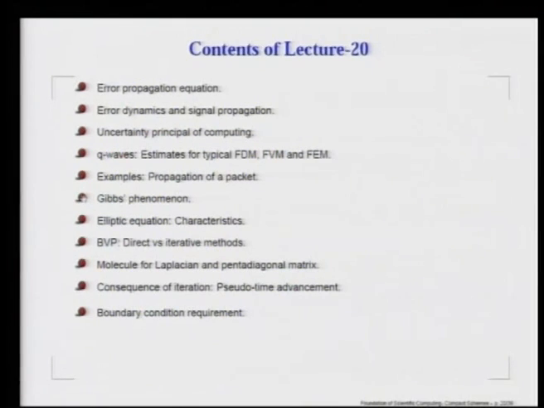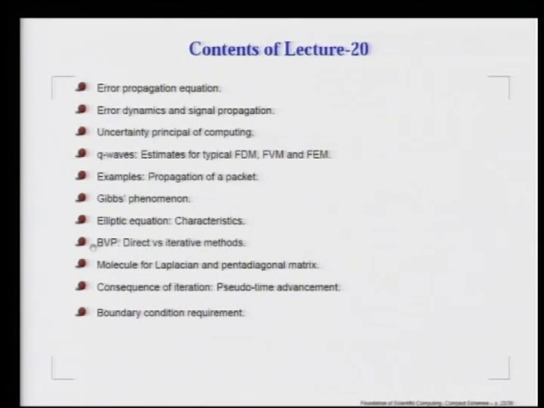Having completed our discussion to some extent on parabolic equation and on the error propagation equation, we switch over to solving methodologies for elliptic equation. We notice that elliptic equations have characteristics which form conjugate pairs, and essentially that requires that the problem be treated as a boundary value problem or BVP.